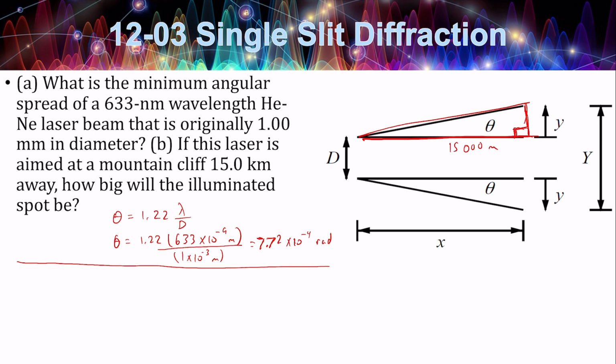So we could say tangent of the angle is the opposite over the adjacent. So tangent of 7.72 times 10 to the negative 4 radians. Make sure you're in radians. Equals y over 15,000 meters.